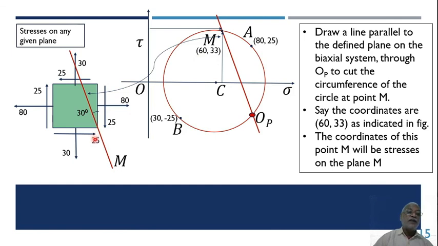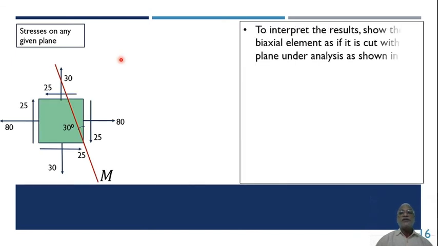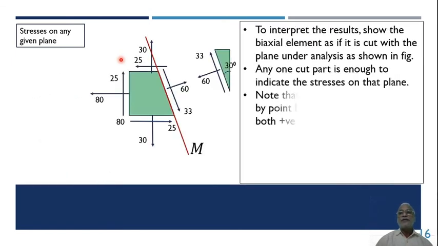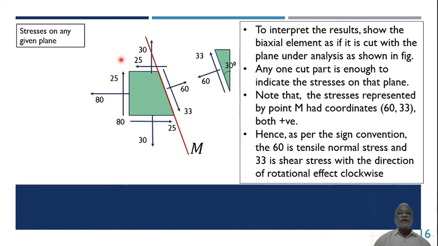On this plane, if you are referring to this part of the element, it is 60, 33, that is normal and then clockwise. Or even if you consider this one also, it is normal, tensile, and then clockwise 33. So that is the meaning. Okay, I think we'll stop there for today. We'll continue afterwards.